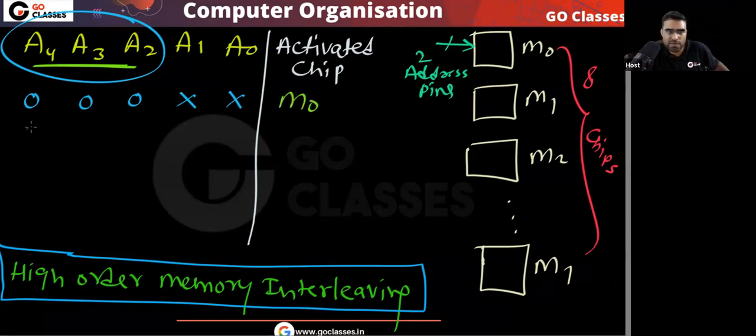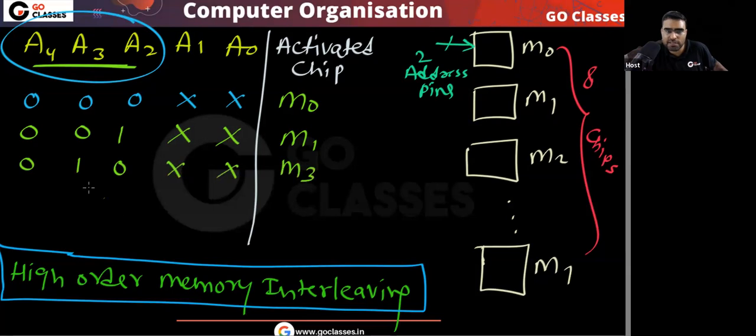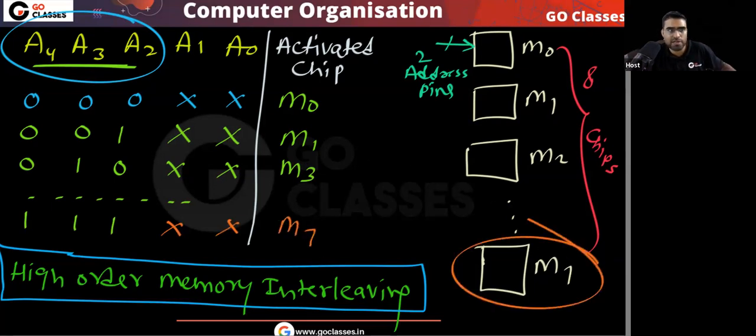If I make them 0, 0, 1, and you can put anything in the remaining bits, then M1 will be activated. If I put this, then M2 will be activated. Is this clear? And finally, when will M7 be activated? Tell me. If I put 1, 1, 1, then this memory chip will be activated.